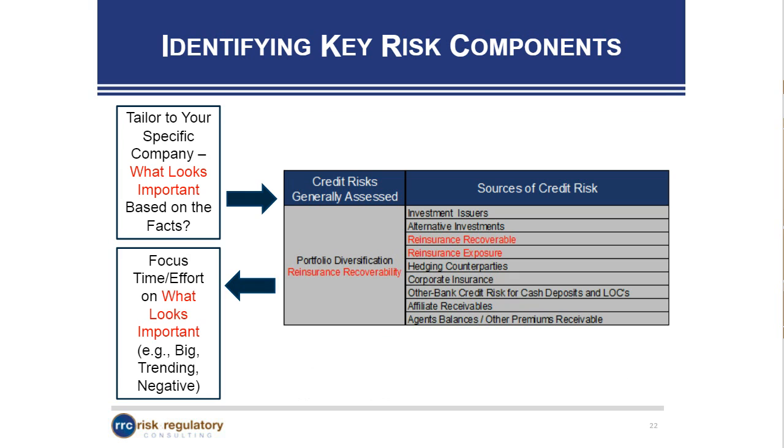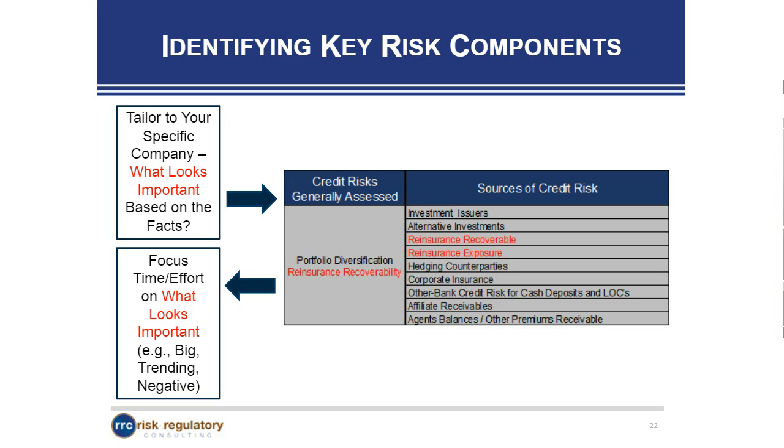So in this case, when you look at credit risk, there's a lot of sources of credit risk for a company. For example, it's investment issuers, the bond issuers, mortgage borrowers, things like that, reinsurance recoverables, hedging counterparties for derivative transactions, corporate insurance, which typically doesn't come up in an analysis, but if I have a risk, for example, of my building burning down, am I going to get recovery from my insurance company for that risk, or workers' compensation insurance, or whatever it is?